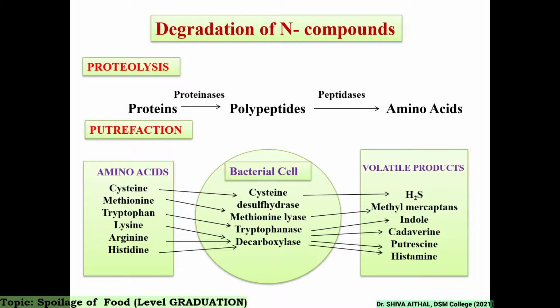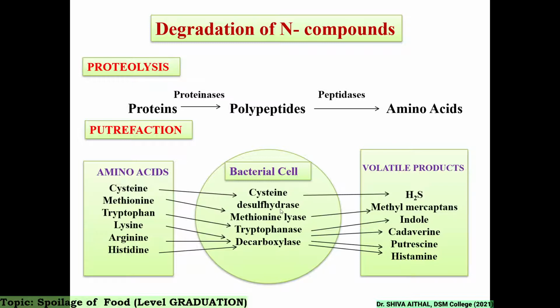which is present in many bacteria. As you can see in this slide, amino acids cysteine, methionine, tryptophan, lysine, arginine, histidine are produced by proteolysis. Now these amino acids can be converted by the bacteria.